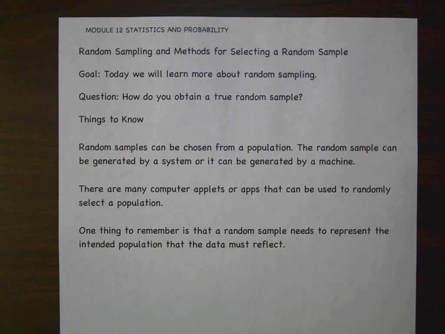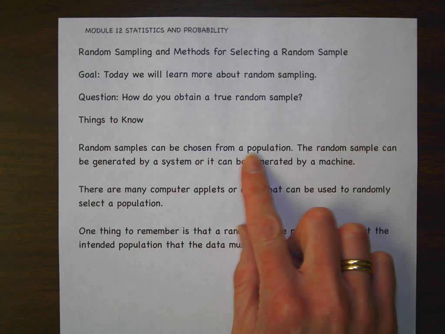And so if we didn't do a true random sample, then the boys' opinions would not be counted, and therefore people would not have a true representation of the data that was collected. So it really does have to be random.